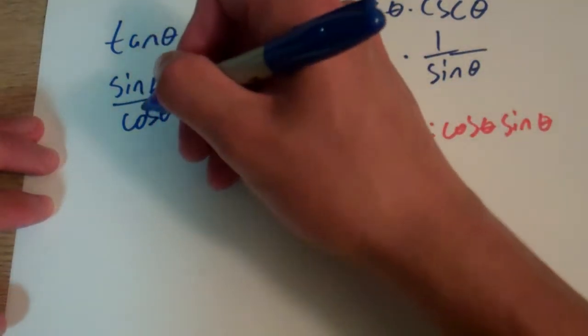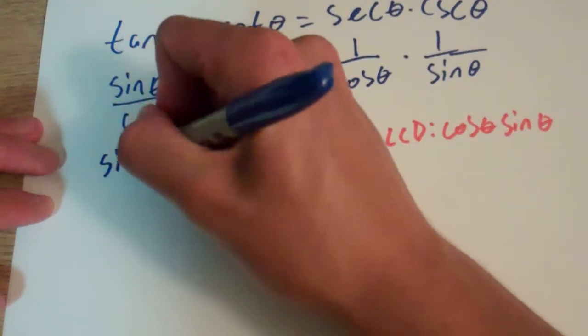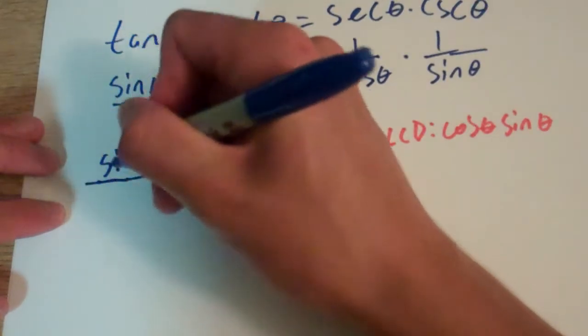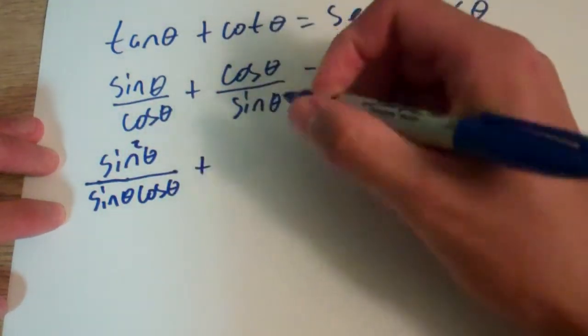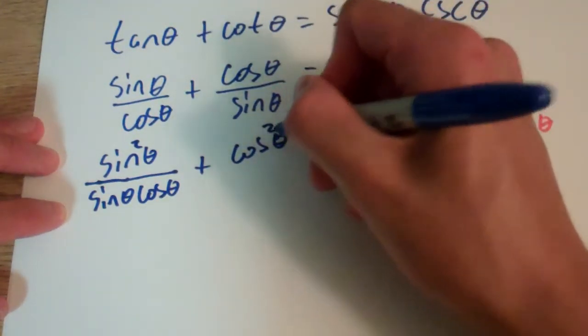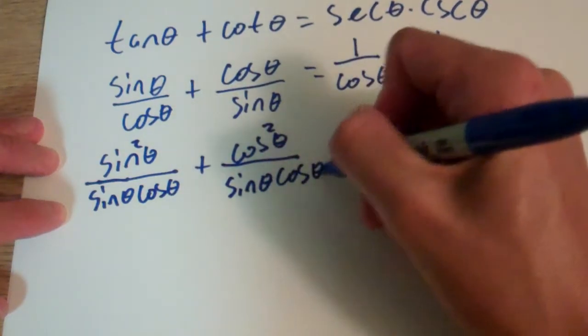So what I'm going to do is multiply what this one's missing, which is sine theta. So on top we're going to have sine squared theta over sine theta cosine theta plus, what is this one missing? Well, it's missing cosine theta, so cosine squared theta over sine theta cosine theta.